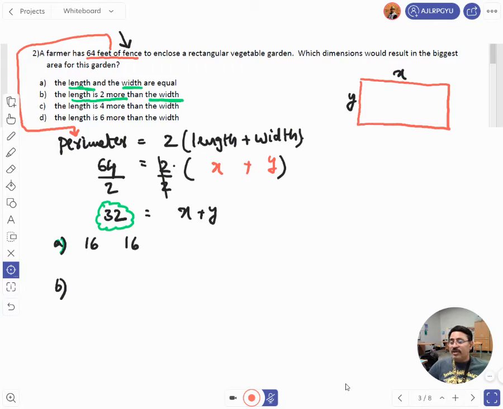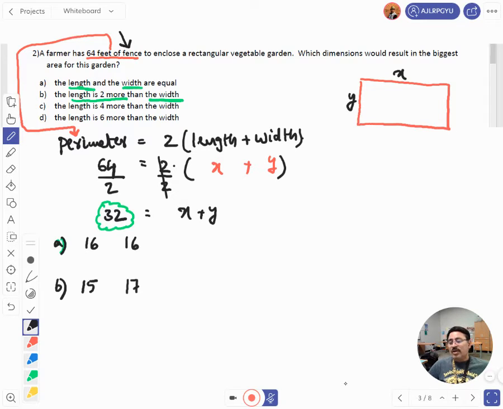I know that these two are not equal. Therefore, let me reduce 16 by 1 unit. So it is 15, and increase this one by 1, so 17. Is the difference 2? Yes, it is. So width is 15, length is 2 more.